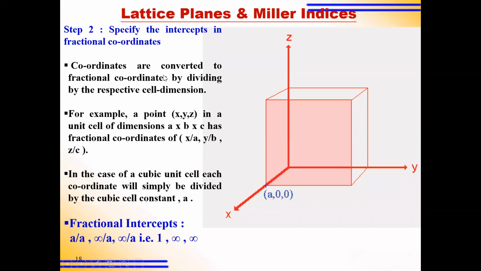So the coordinates are converted to the fractional coordinates by dividing by the respective cell dimensions, right?